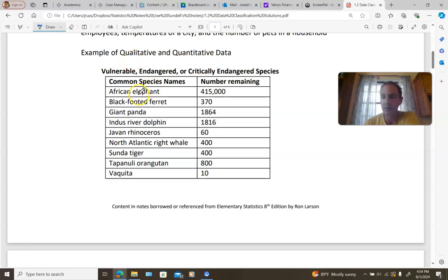So the African elephant, black-footed ferret, etc. On the left-hand column, we've got an example of qualitative data, and in the right-hand column, we have an example of quantitative data. You can see this data consists of the actual number of species of animals for each of those given species.